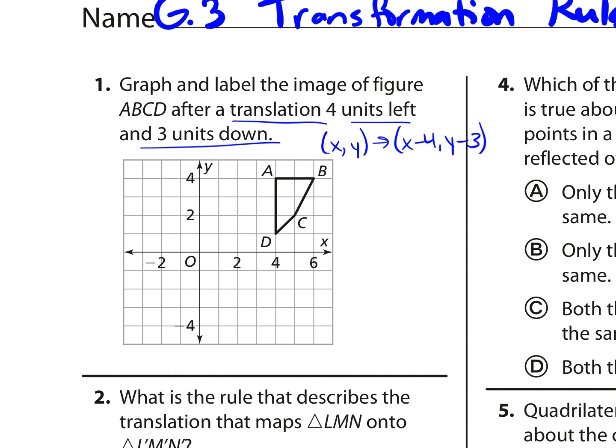We could say point A goes left 4, down 3, plot point A prime. Point B, left 4, down 3, plot B prime. Point D, left 4, down 3, plot D prime. And then C, left 4, down 3, plot C prime.